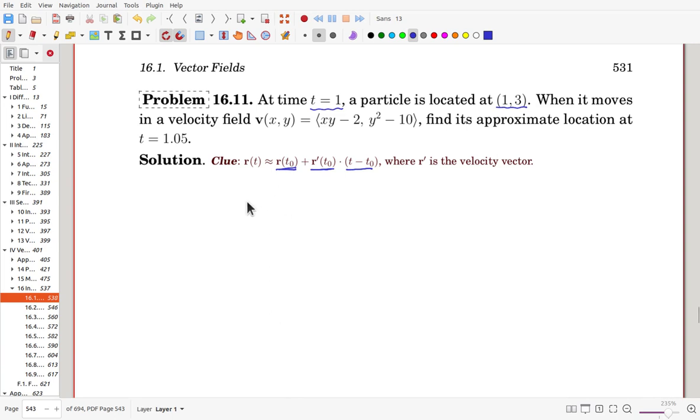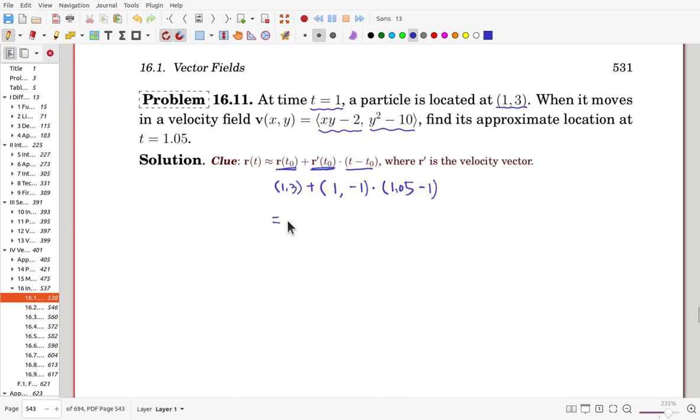In the beginning, the location is 1 and 3, right? And then the velocity, r prime, is this one, evaluated at 1 and 3. So x is 1, y is 3. So 3 minus 2 is 1. Now there's a 3, so 9 minus 10 is minus 1. And time goes from 1 to 1.05, so 1.05 minus 1.